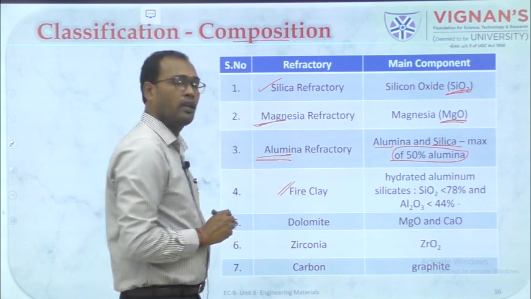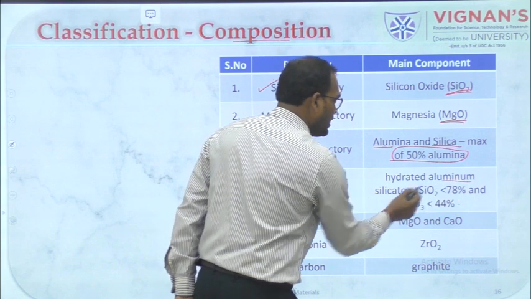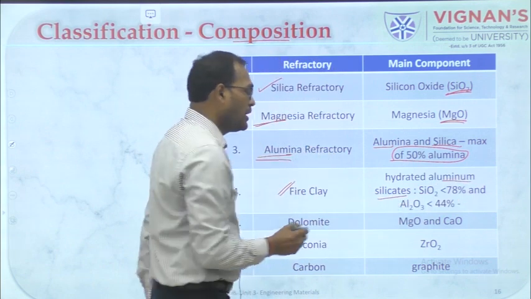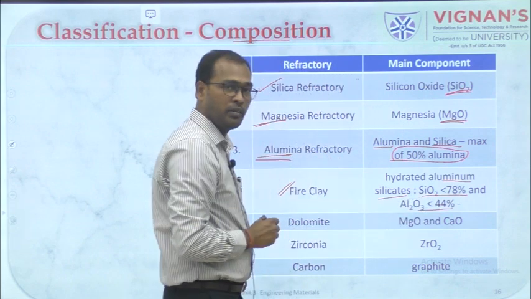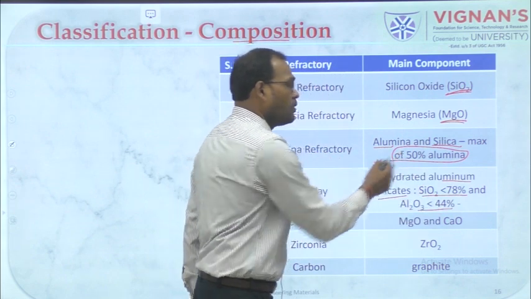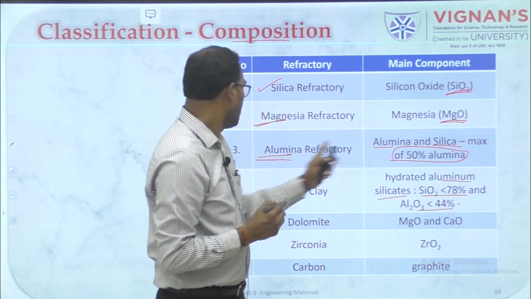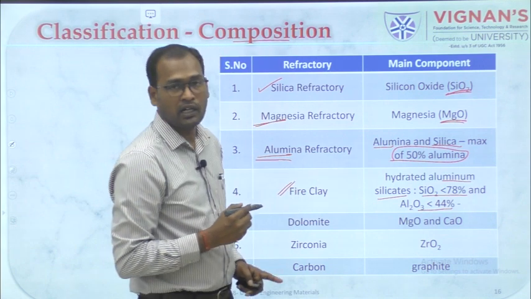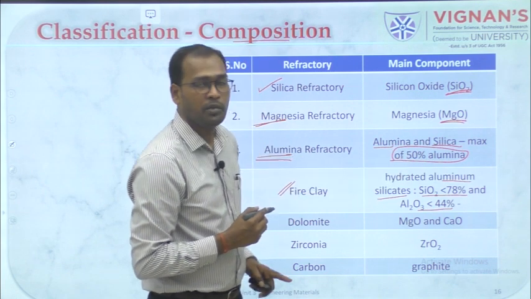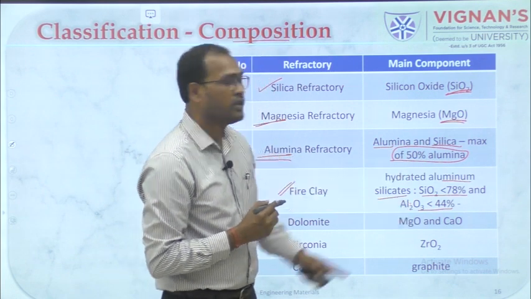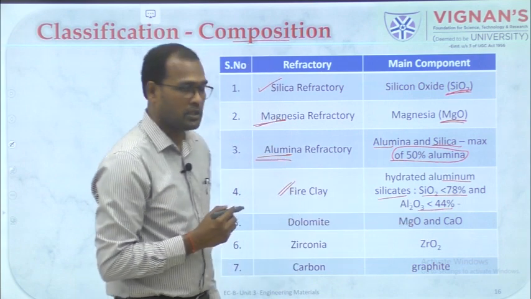Fire clay is a mixture of alumina silicate, right, where the silica will be 78% and alumina will be 44%. You can compare it here. What is the percentage of alumina in alumina refractory and fire clay refractory? In alumina refractory it will be around 50%, whereas in fire clay it will be around 44%, right?